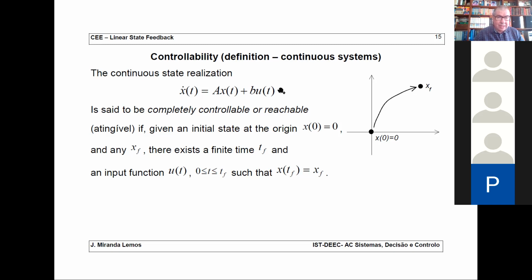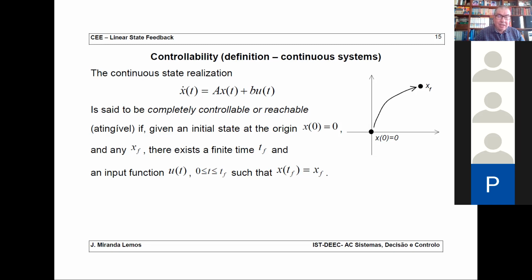The state realization is controllable if, this is a definition, so this is if and only if, I can find a sequence or a control function that in a finite time interval drives me from the origin to the specified final point. So this is the definition.